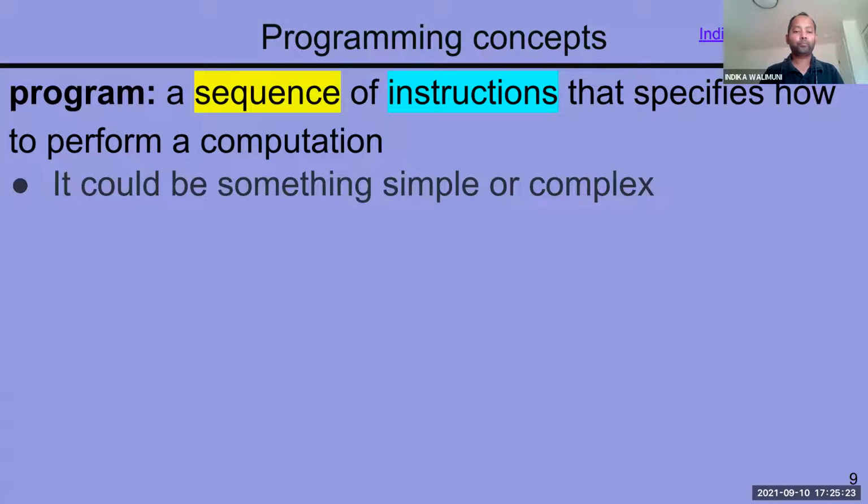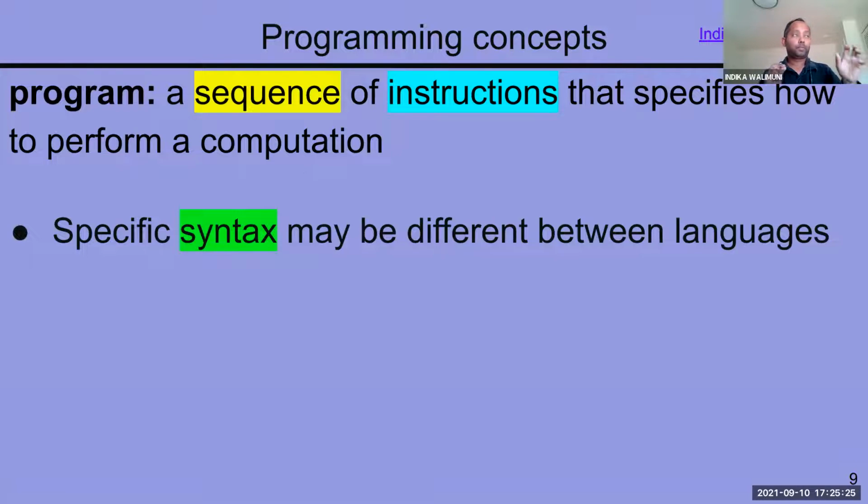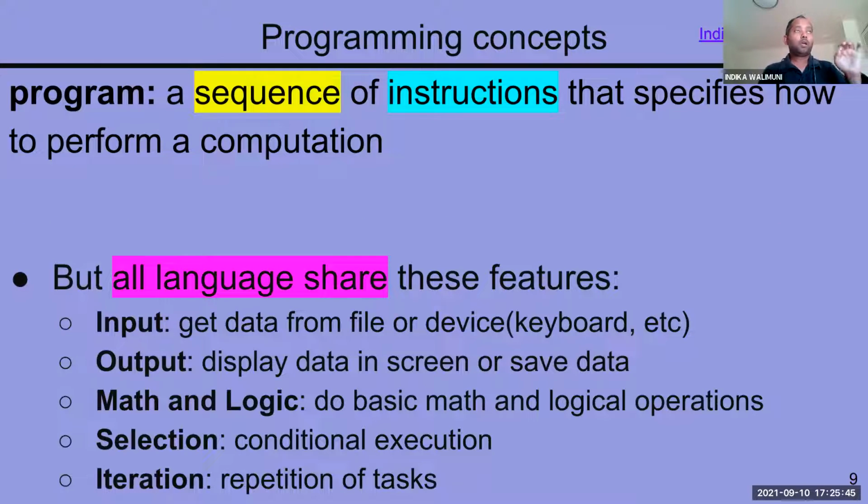The specific syntax of a particular program may be different between languages, but at the end of the day they may be solving the same problem. At the end of the day, all languages share these features.